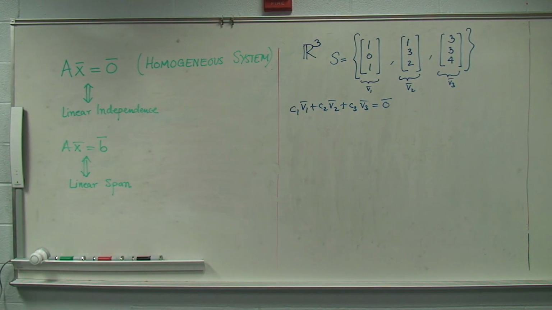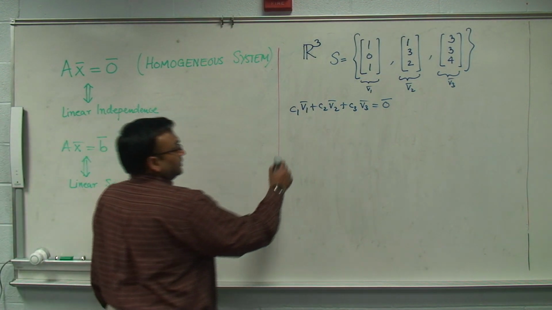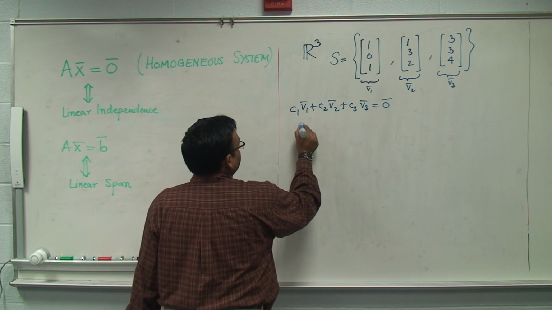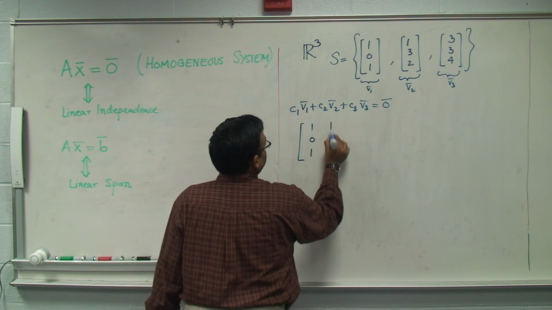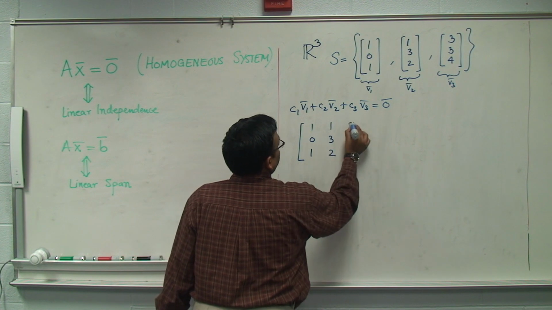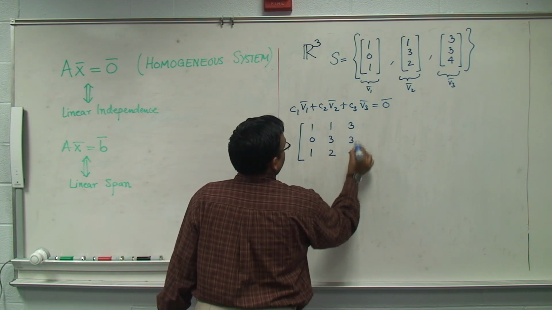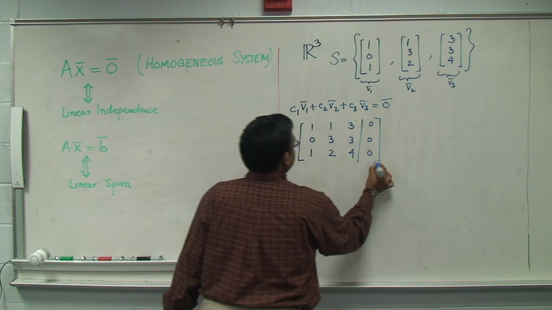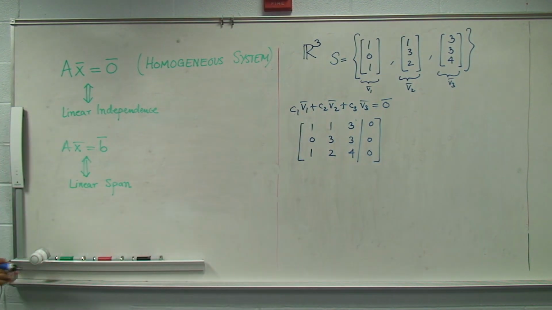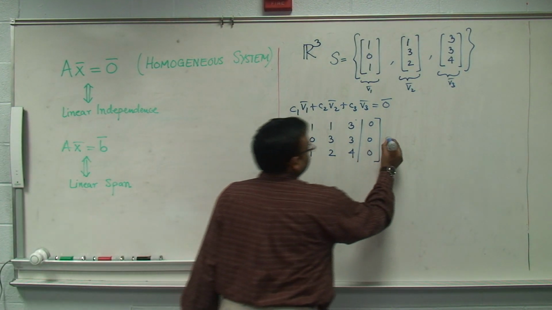So what would be that linear combination? Is it only the zero combination or is it a non-trivial combination? So based on this, we would create our matrix. Right hand side 0. If you observe one thing, since my right hand side is always going to be 0, we might as well drop it from consideration.